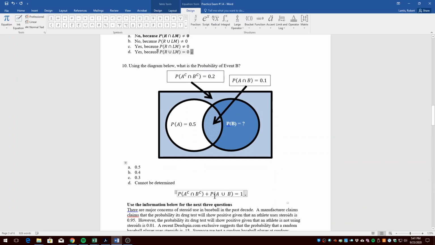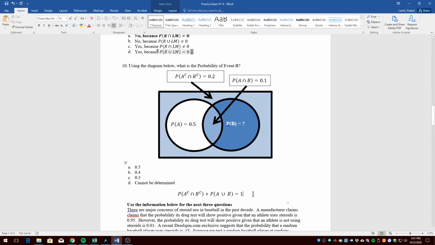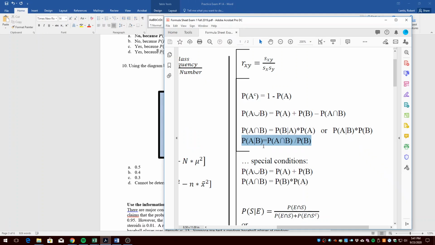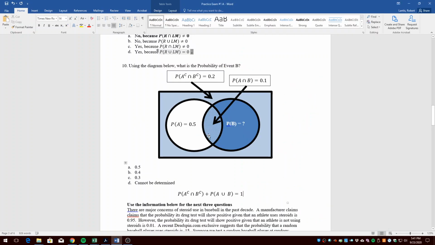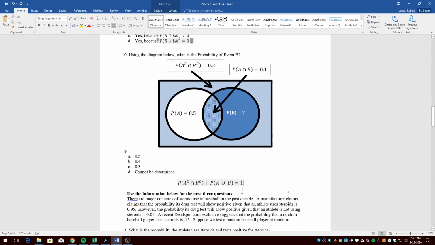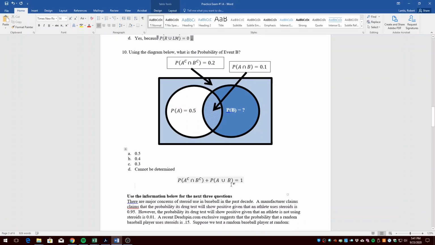From there, well, I don't directly have the union, but I know if I look at my formula sheet that I can simply rewrite the union of two events as the probability of both events added together and then subtract out the intersection. So I subtract out the intersection because when I added the probability of A to the probability of B, I double counted what was in between. So I can just plug that equation in.